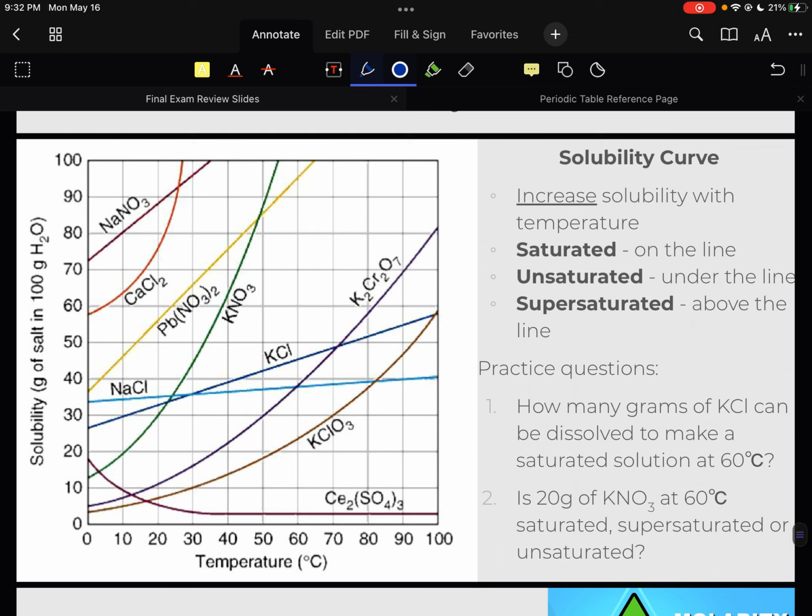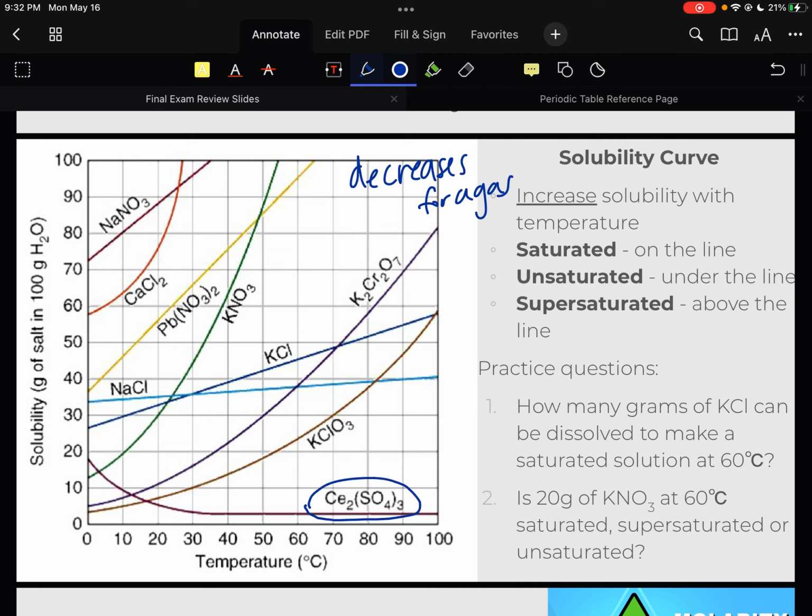We also have the solubility curve, which is how we can show that solubility actually increases as temperature increases for most of our compounds. It actually decreases for a gas.